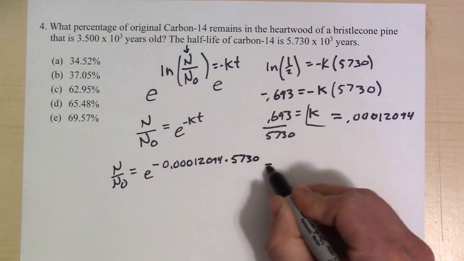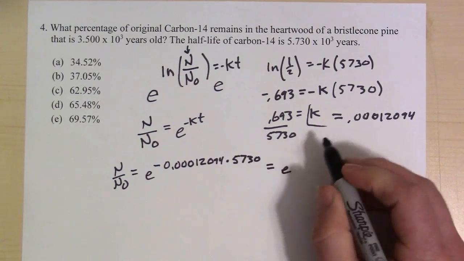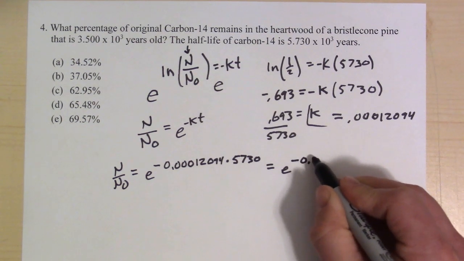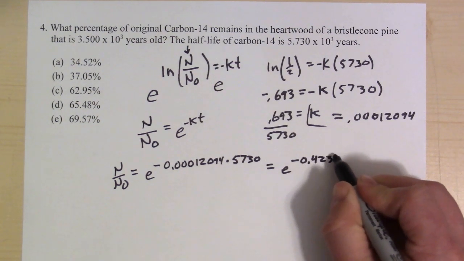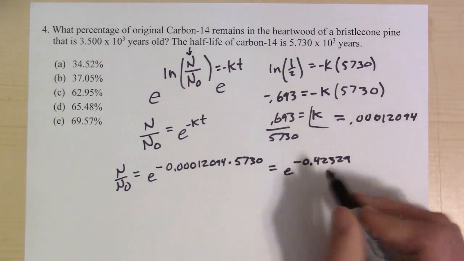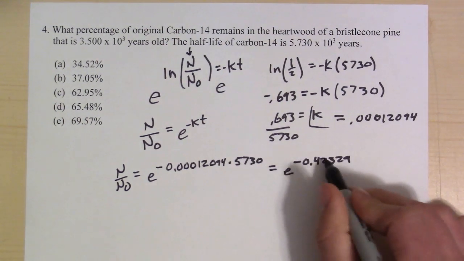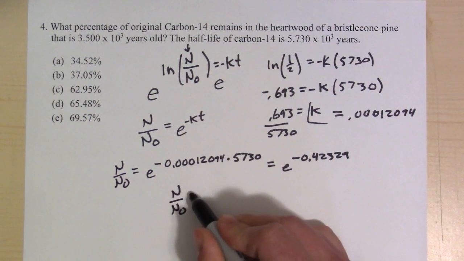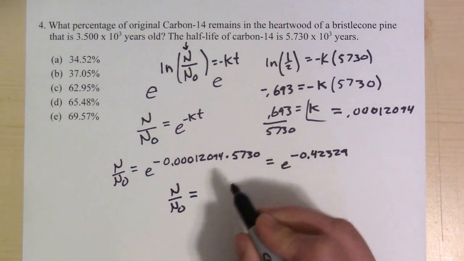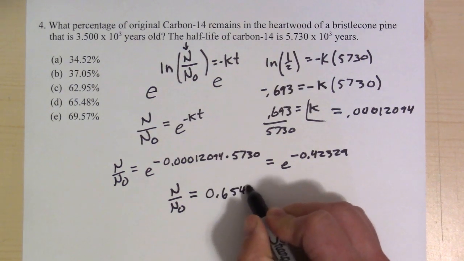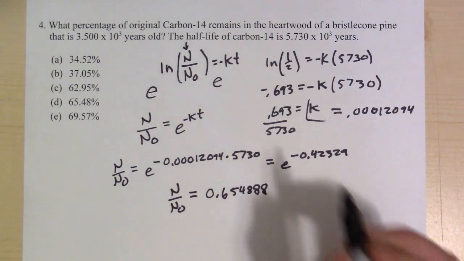We get that e raised to the power of negative 0.42329. So when we raise e to that power, we get that N over N0 is equal to 0.654888, and so on.